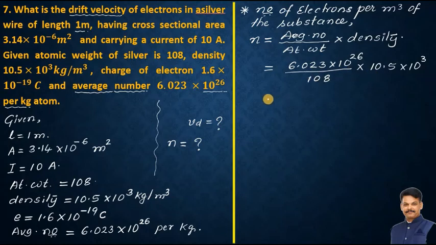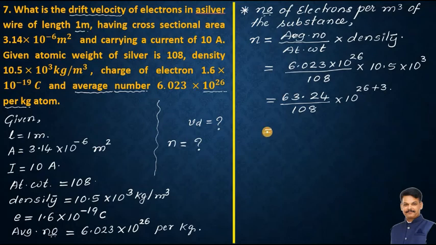Now you multiply both numerators, 6.023 and 10.5. It is 63.24 divided by 108 into 10 raised to 26 plus 3, according to the laws of exponents.